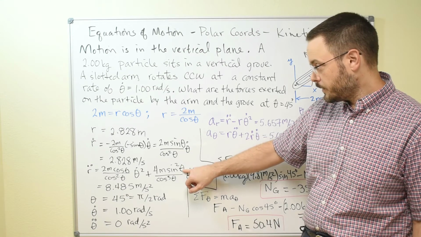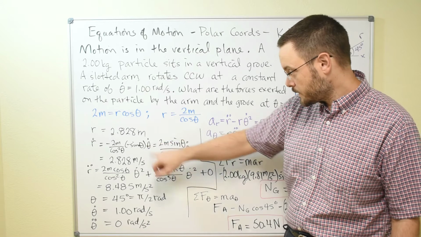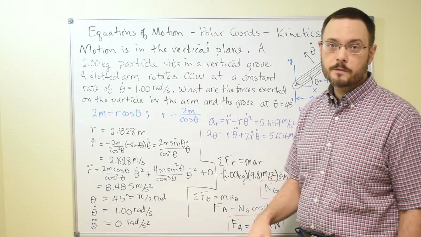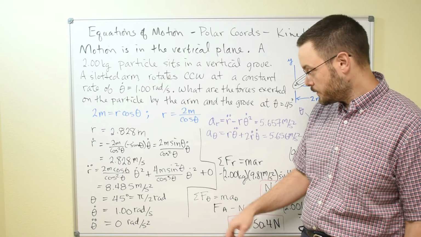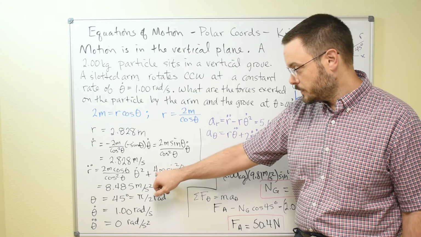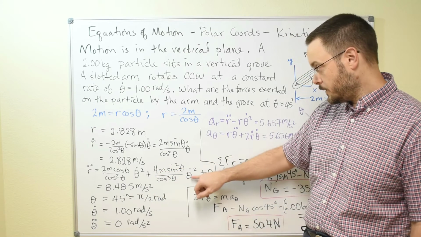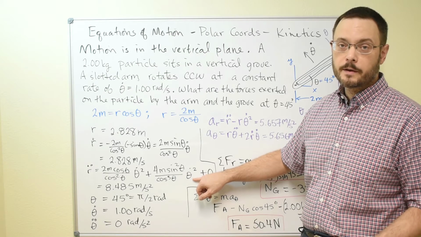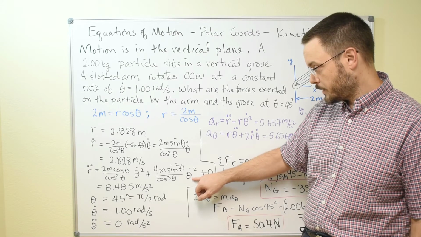That'll kick out another negative sign, so negative times a negative is a positive. The 2 from here will then be multiplied by the 2 that's here, and we'll get the 4. And then we'll kick out another theta dot multiplied by the theta dot that we already have there, and that'll give us a theta dot squared.